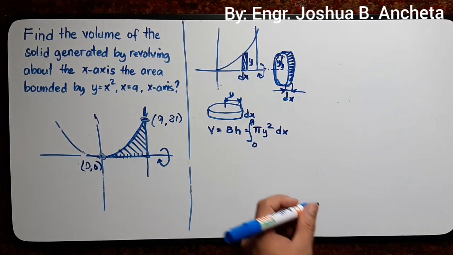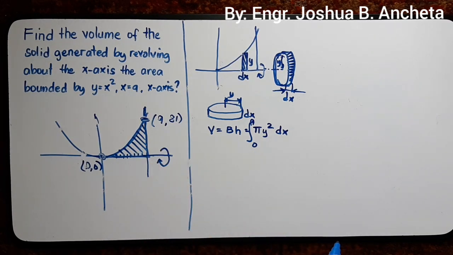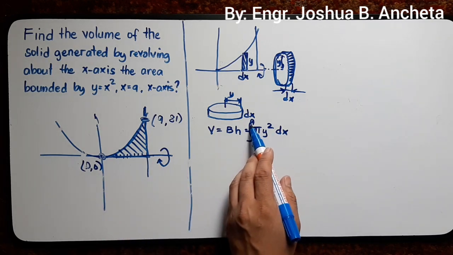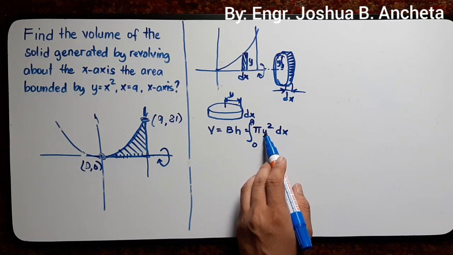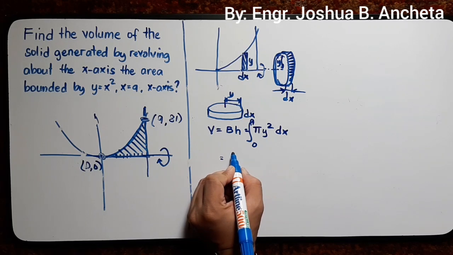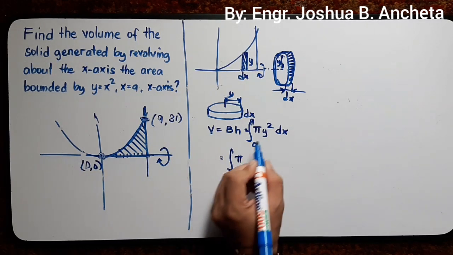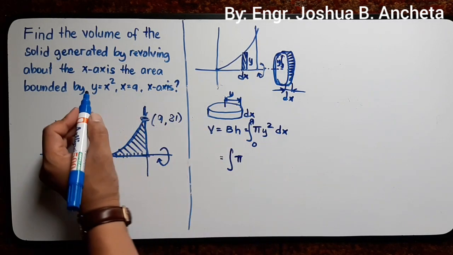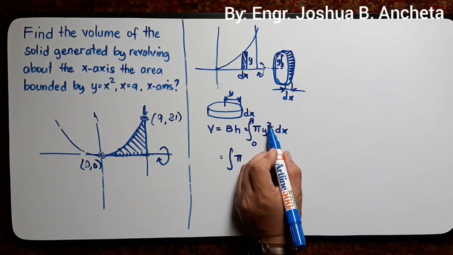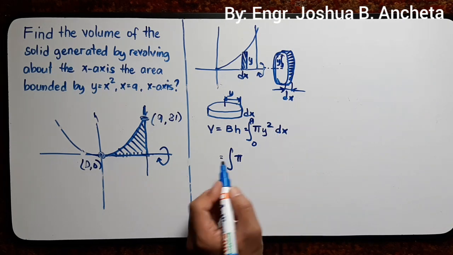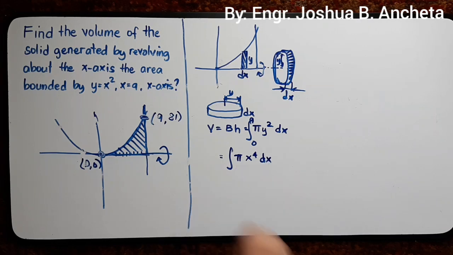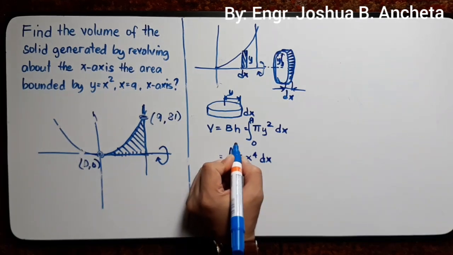Let us now include substitution because we are integrating in terms of x. So y squared should be in terms of x. This is now our integration: pi times y, which is equivalent to x squared, raised to power 2, so x to the 4th, dx, with limits from 0 to 9.